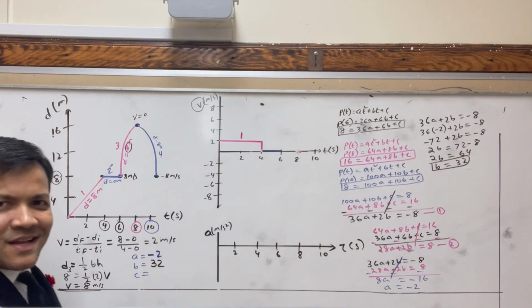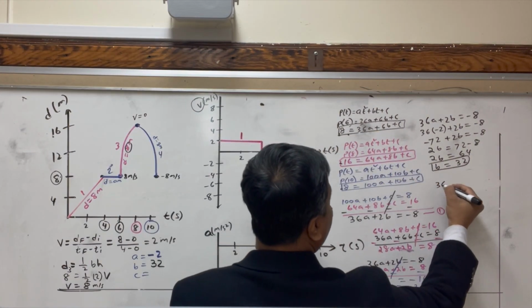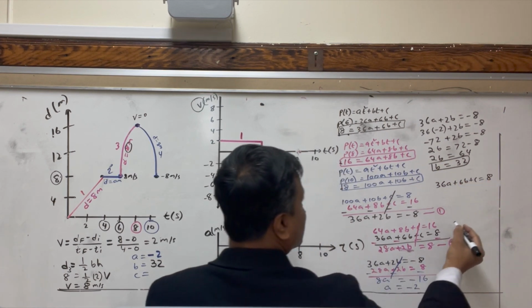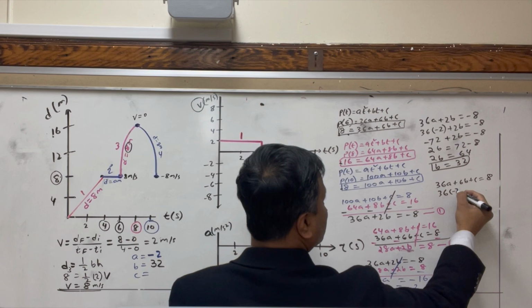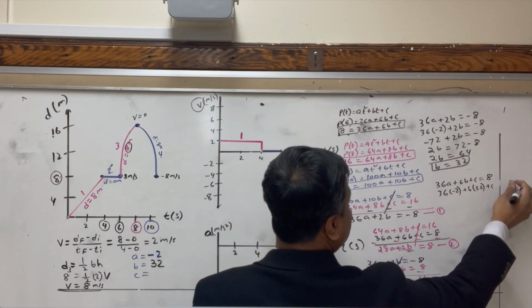Now we're going to find the last one, c. So let's use this one. 36a plus 6b plus c is equal to 8. So a is equal to minus 2, b is equal to 32, plus c is equal to 8.